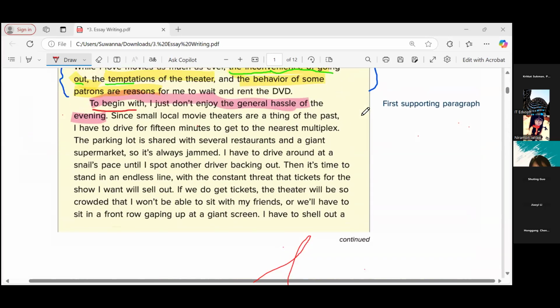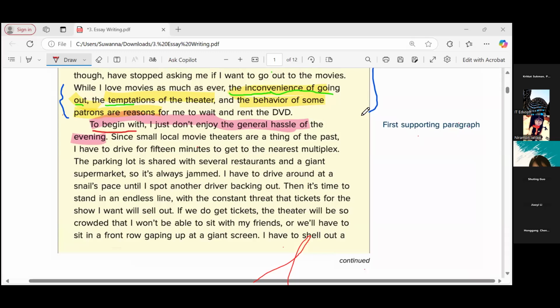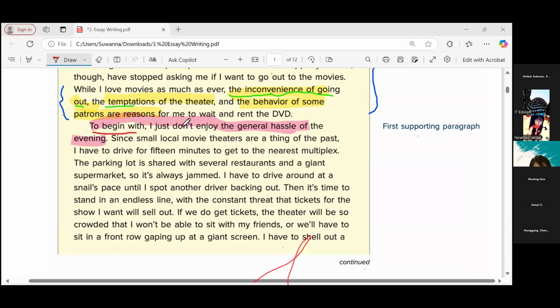You see, "I just don't enjoy the general hustle of the evening." This is the topic sentence, right? So the following sentences are the details, examples, reasons, and so on, right? Everything should support the topic sentence.